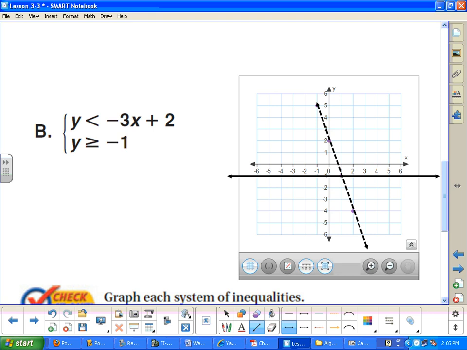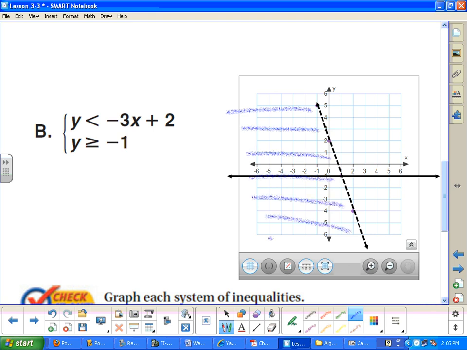So if I just wanted to use one color for doing this, I could do horizontal this way. And then y is greater than or equal to negative 1, so that would be above the line, right? Okay.